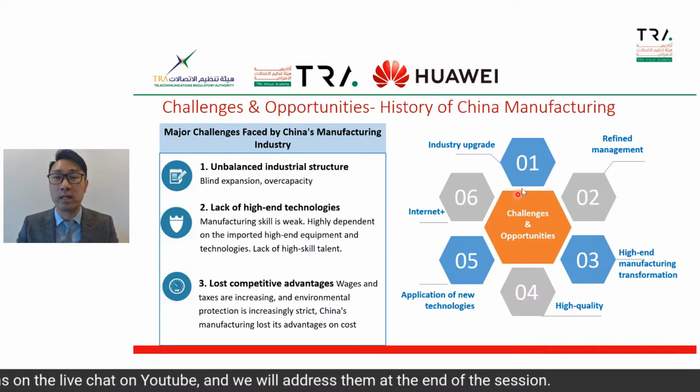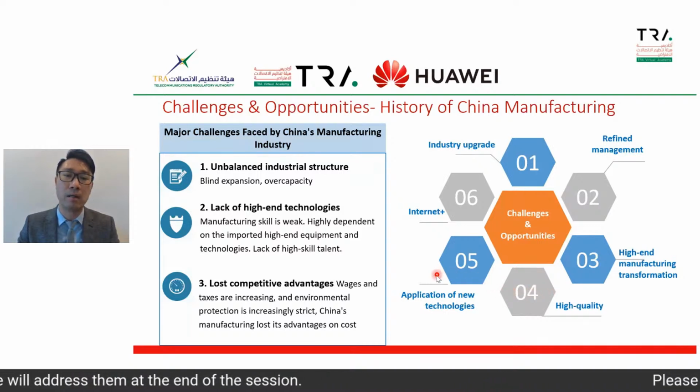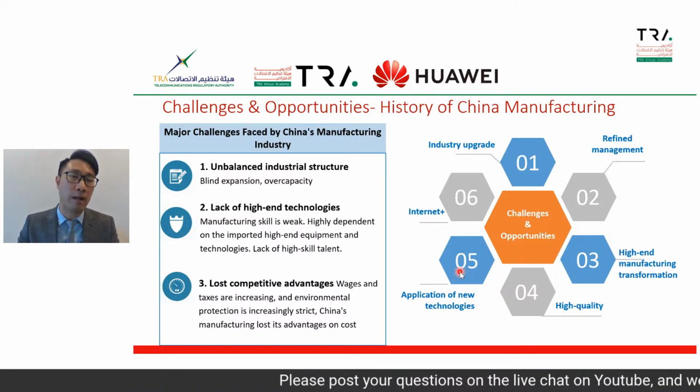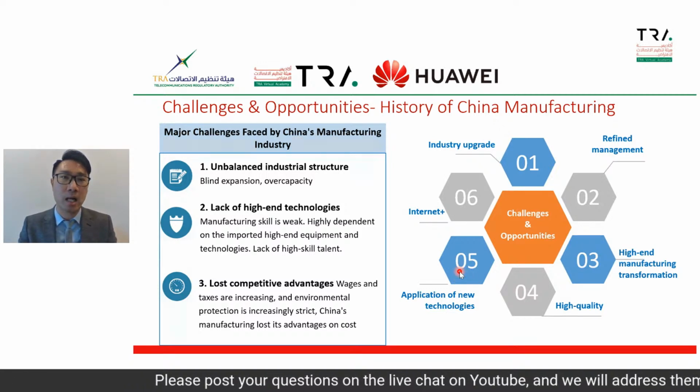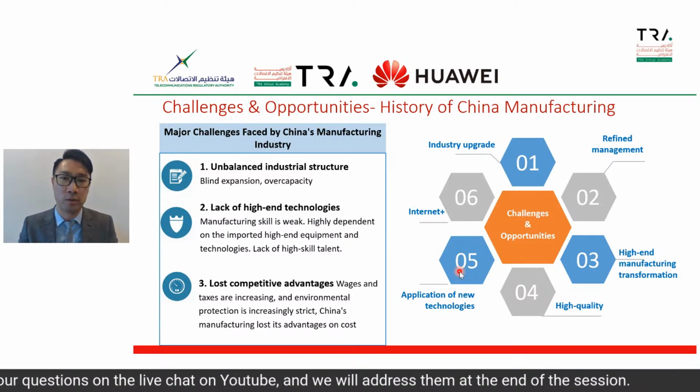And in order to achieve this kind of target, the China manufacturing would need to adopt new technologies like what I mentioned, the 5G, the AI, the big data, and the IoT technologies.